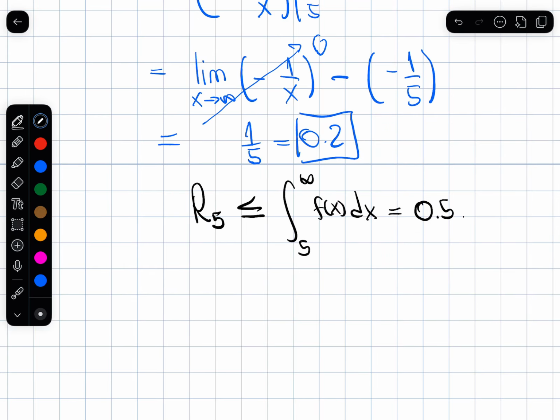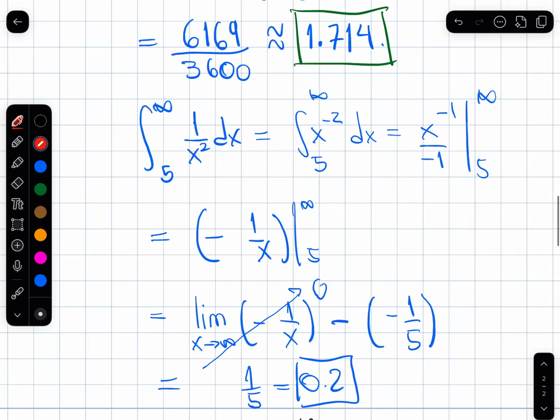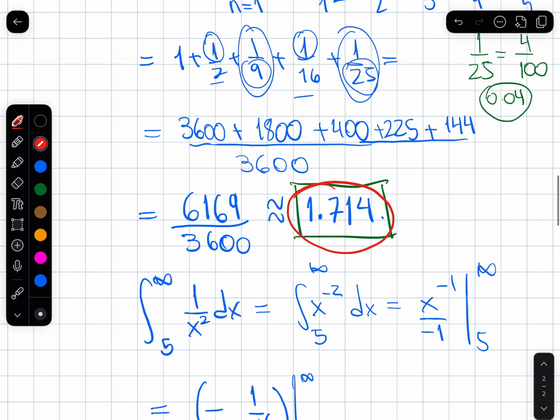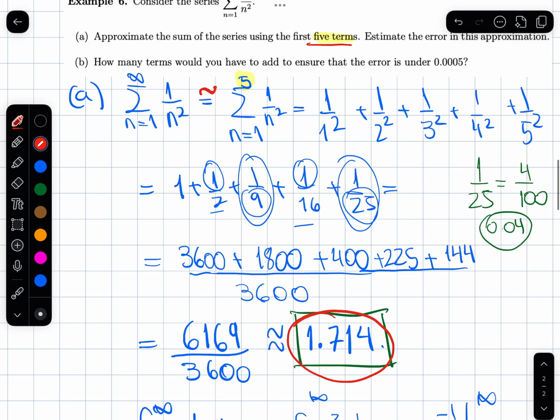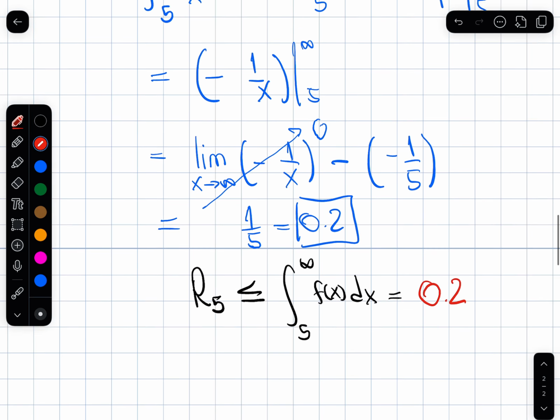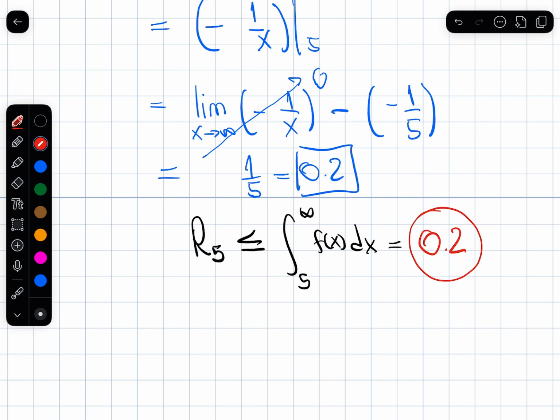And because my series is decreasing, I don't have to worry about subtracting 0.2. Excuse me, it's 0.2. Subtracting 0.2 from this value. I just got to add, because I've added 5 terms to get the actual sum. I'll just keep adding more. But I know that whatever other terms I need to add, they don't add up to more than 0.2. So that means the error is 0.2.